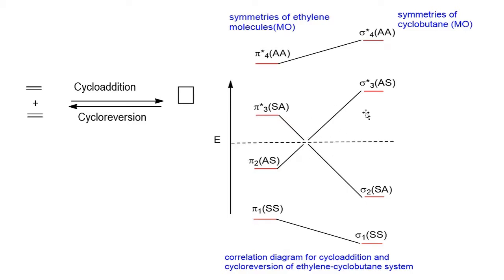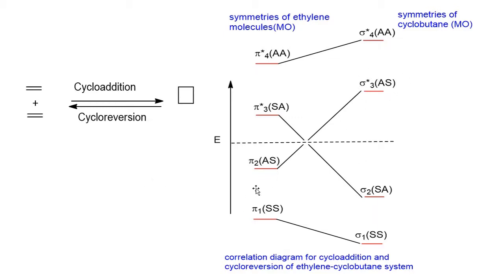The reaction takes place after the excitation process. So it is photochemically allowed and thermally forbidden. 2 plus 2 cycloaddition is photochemically allowed because the ground state molecular orbitals of the reactant are correlating with the excited state molecular orbitals of the product and vice versa.